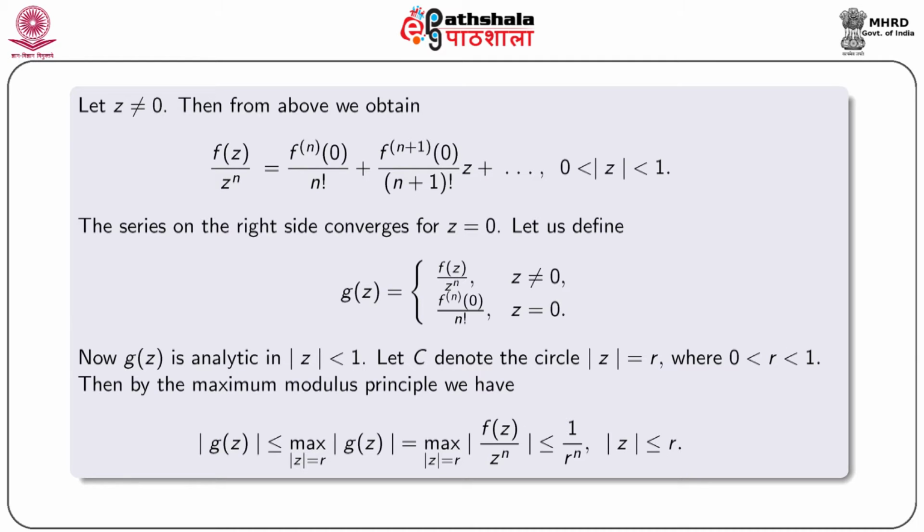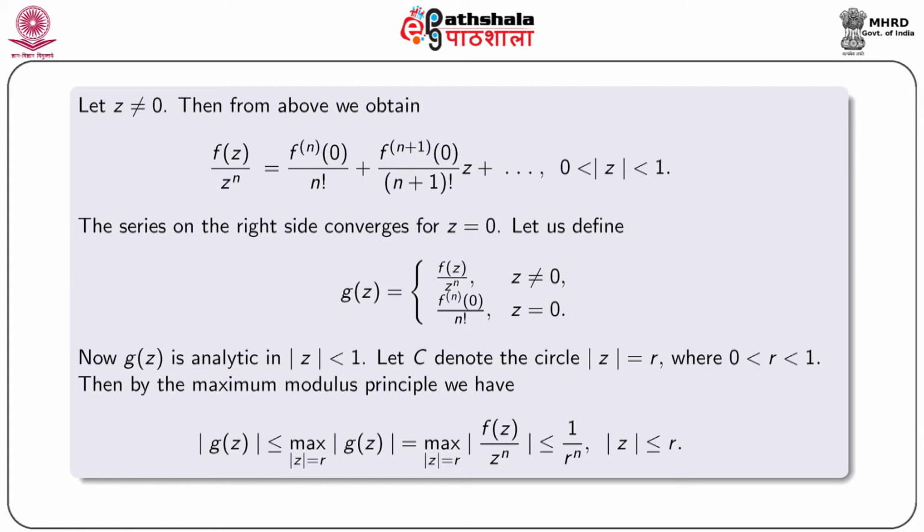The series on the right side converges for z equal to 0. Let us define g(z) equal to f(z) by z to the power n when z not equal to 0, and equal to the nth derivative of f at 0 by factorial n when z equal to 0. Now, g(z) is analytic in mod z less than 1.